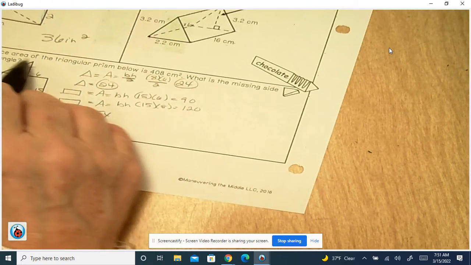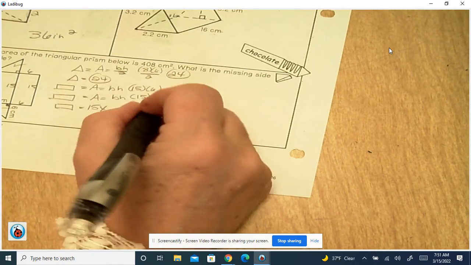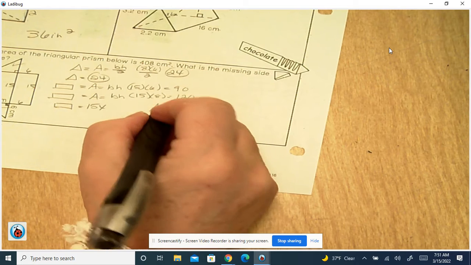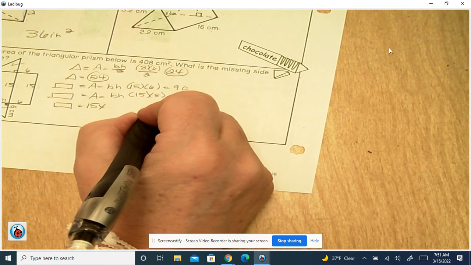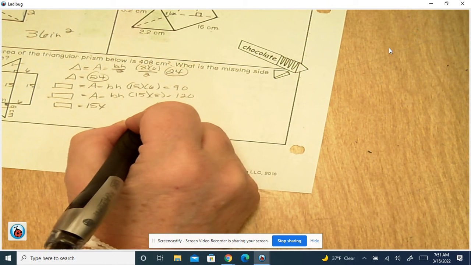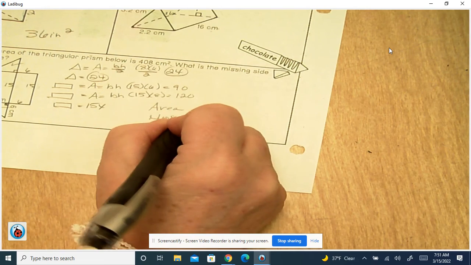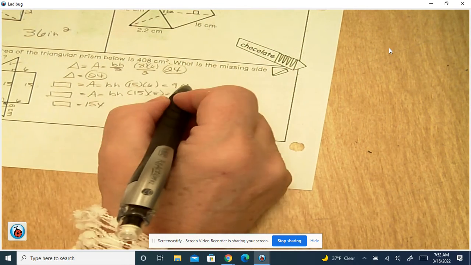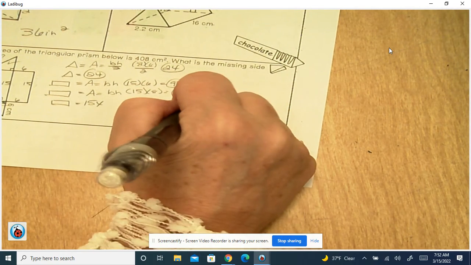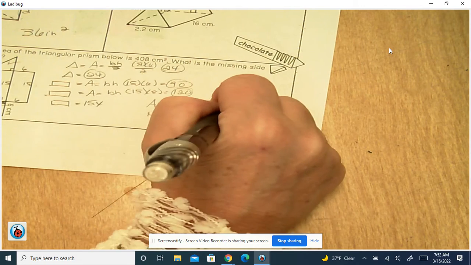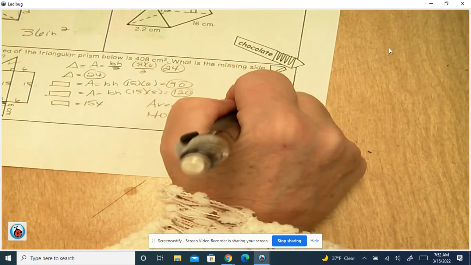All right. A total surface area of the triangular prism of 408. So the area is 408. We got 408 equals, and what is the missing side length. So we're going to add up these four numbers right here, and we get 258 plus this other side, which is 15x. Here's where you can do math.